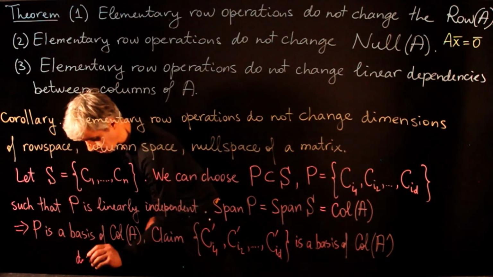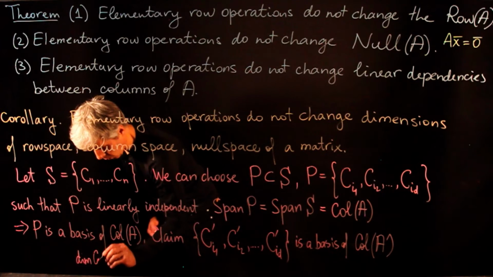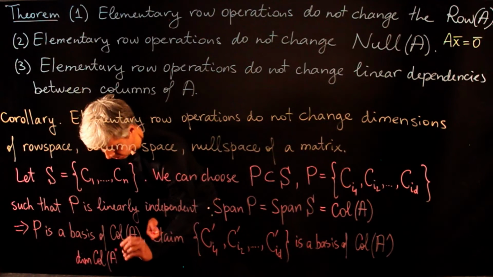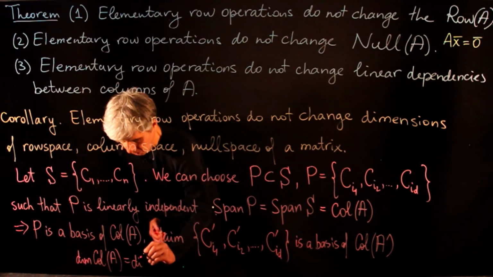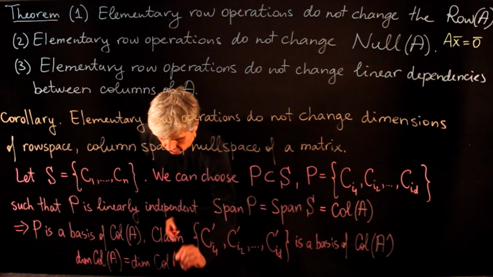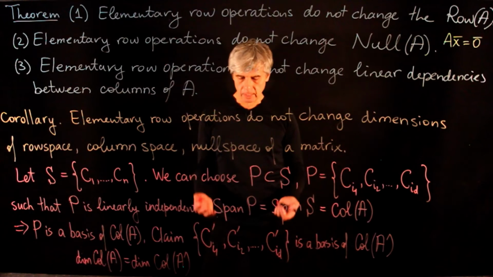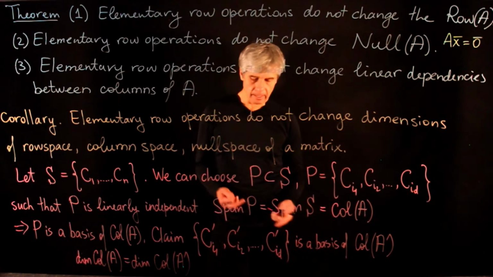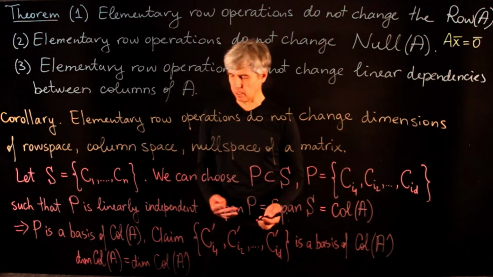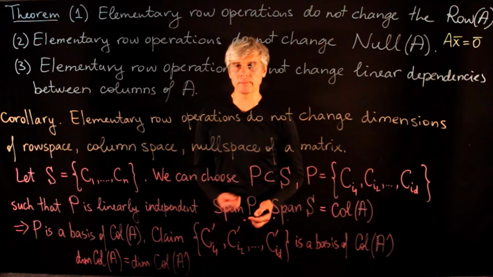So what we get is that the dimension of the column space of A is equal to the dimension of the column space of A prime. And this also gives us a way to construct bases in the column space of a matrix.